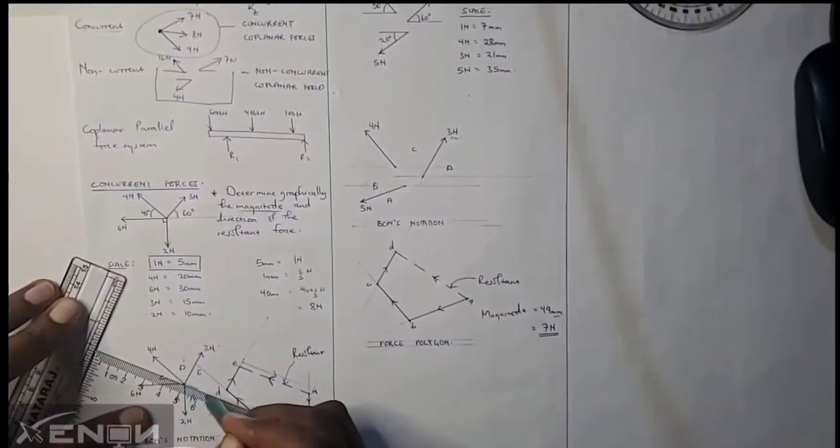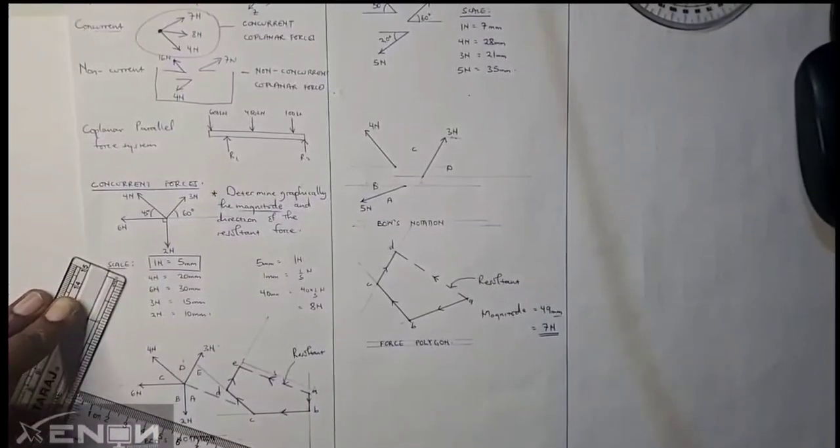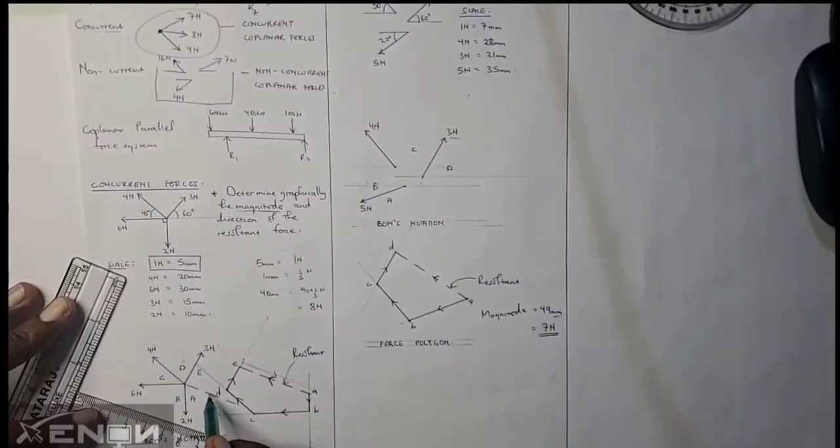Why? Because all the forces are originating from the same point. So that would mean the resultant is also originating from that same point. But it's not the case here where the forces are non-concurrent. The forces are coming from different points. So if I'm to slide this resultant, where am I going to put it?